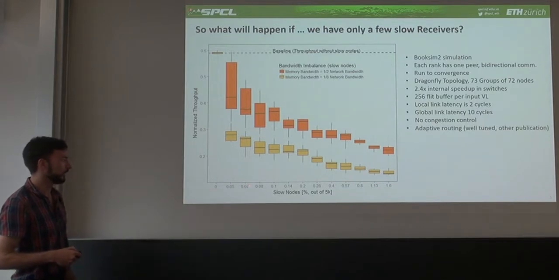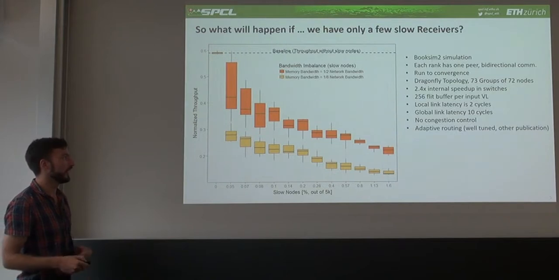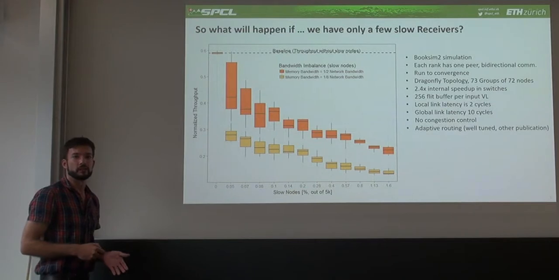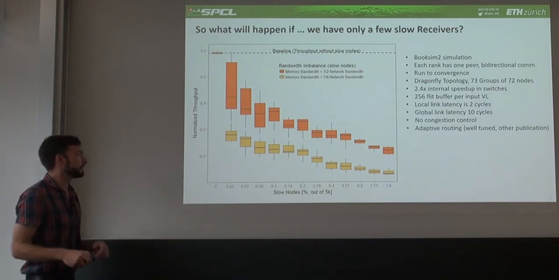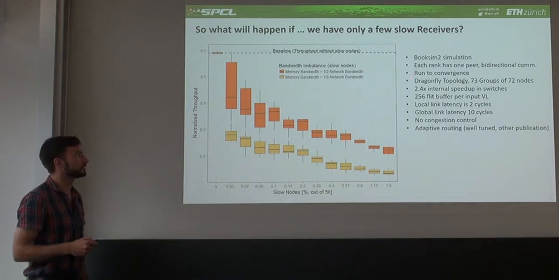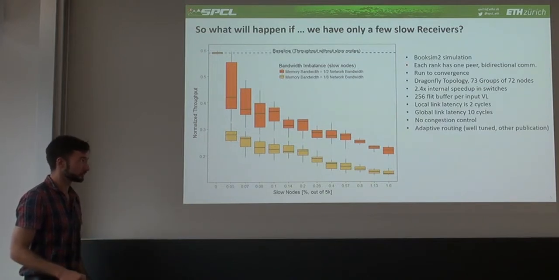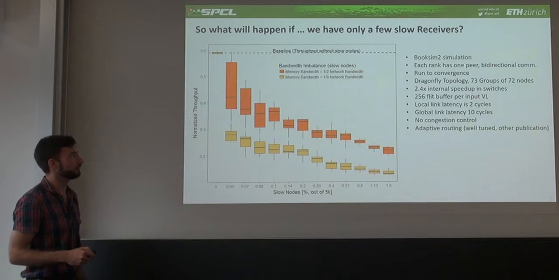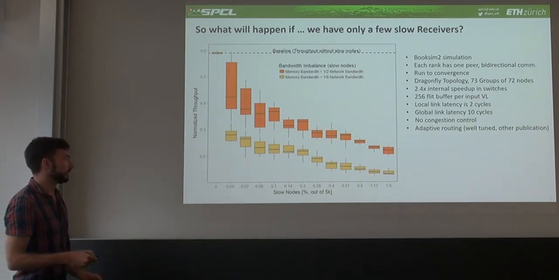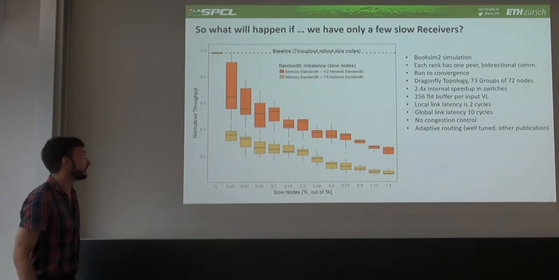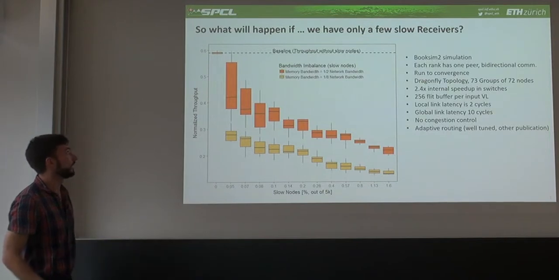So here on the x-axis, we plot how many slow receivers we actually have in a communication pattern where each node communicates with one other node in a bidirectional manner, and we just make some of these receivers slow in a BookSim2 simulation in this Dragonfly topology with about 5,000 nodes. And we plot here the percentage of slow receivers. And on the y-axis, we show the normalized throughput.